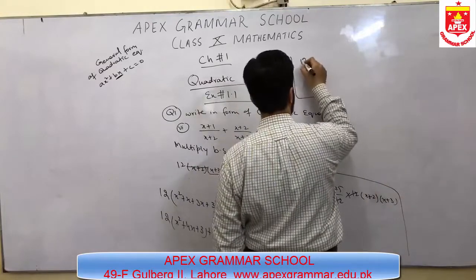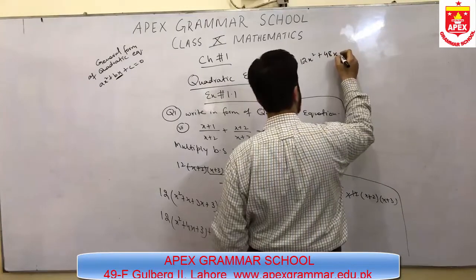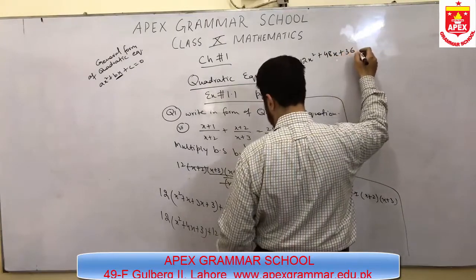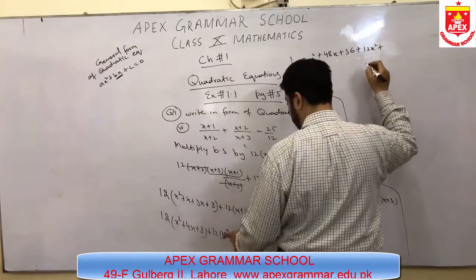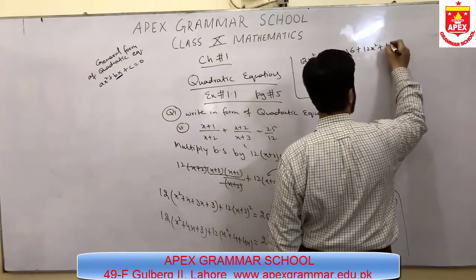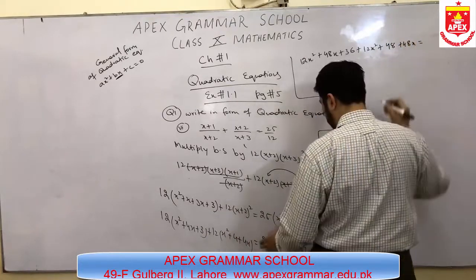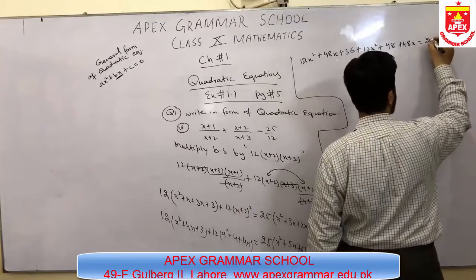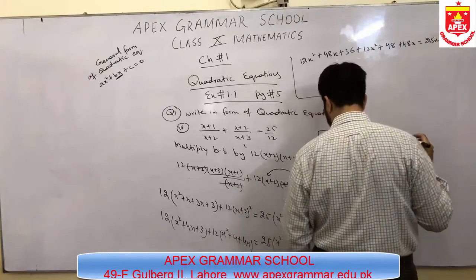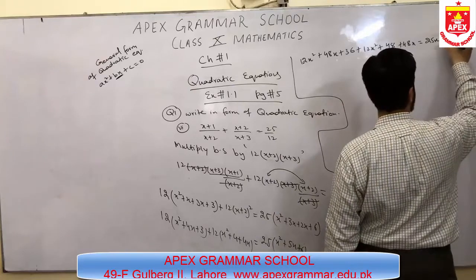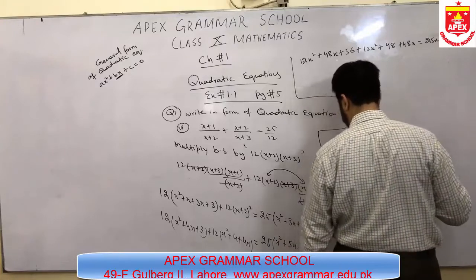It is 12x square plus 12 times 4 is 48x, plus 12 times 3 is 36, plus 12x square plus 12 times 4 is 48, plus 48x is equal to 25x square plus 25 into 5, 125x, and 25 into 6.